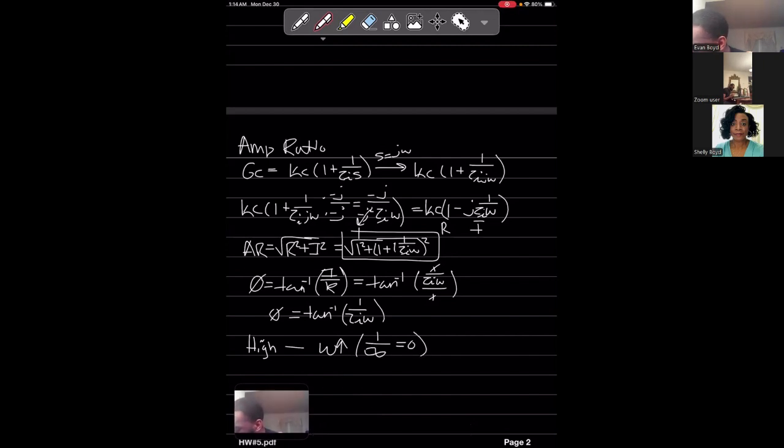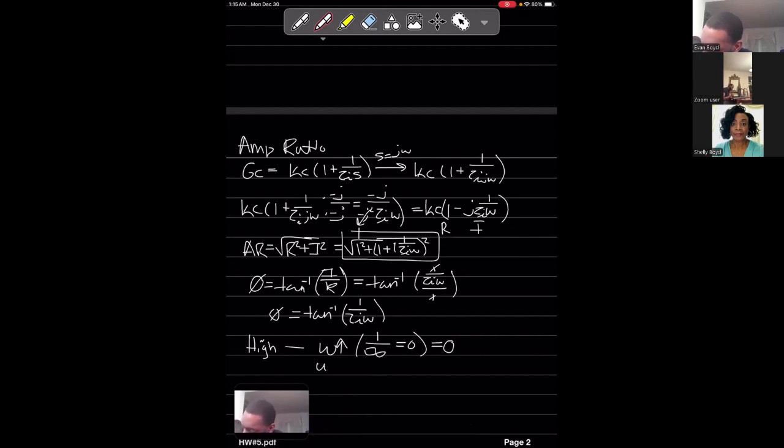So if our omega is very high, it'll go to 0. Because omega is in the denominator, as we increase it, the number will shrink overall, so it goes to a zero term. So our phase is zero when our omega is very high.